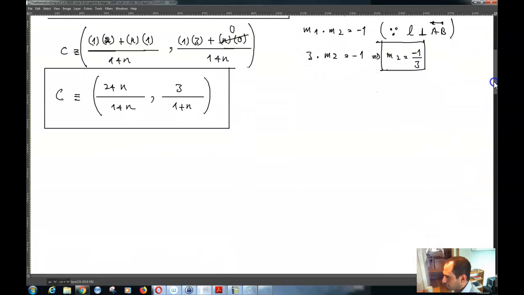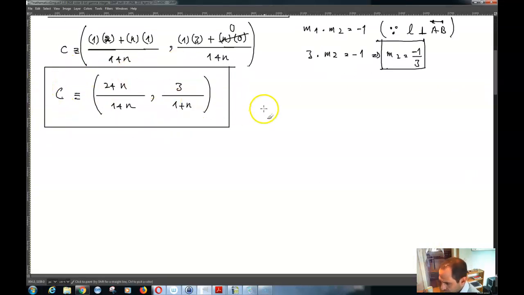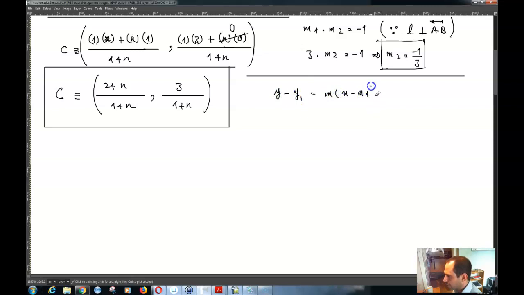So now we know the slope of the line, and we know one point on the line, so we can use this formula y minus y1 is equal to m times x minus x1 to find the equation of the line. So I write it as y minus y1, which is 3 over 1 plus n, is equal to m, negative 1/3, times x minus x1, which is 2 plus n over 1 plus n.